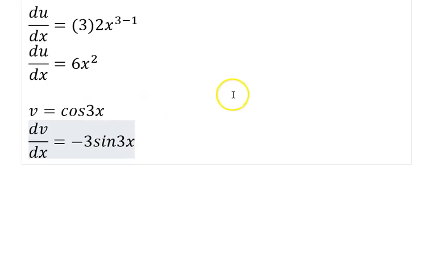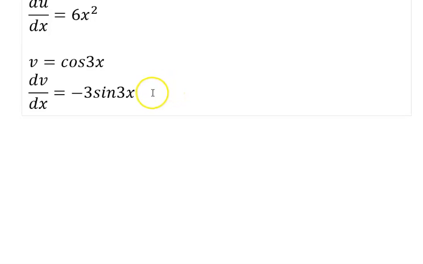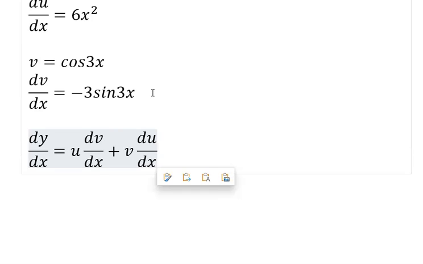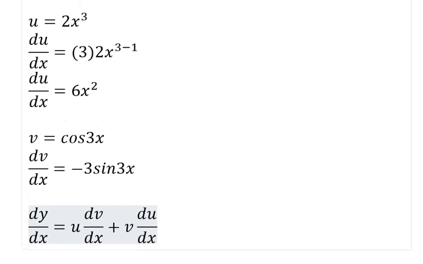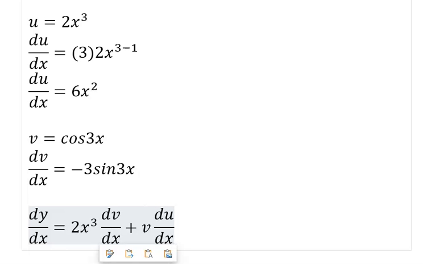Beautiful. So let's apply our formula. We'll be able to get all our values. What's our u? Our u is what we have here, 2x cubed. What's our dv dx? This is our dv dx, minus 3 sine 3x.